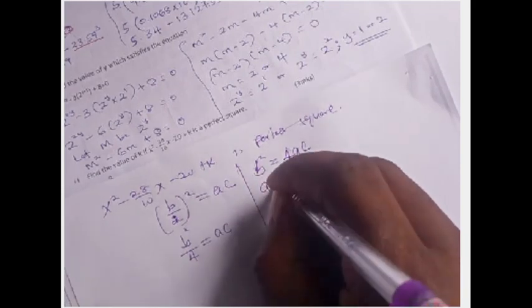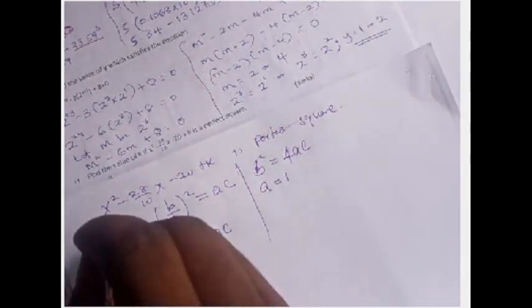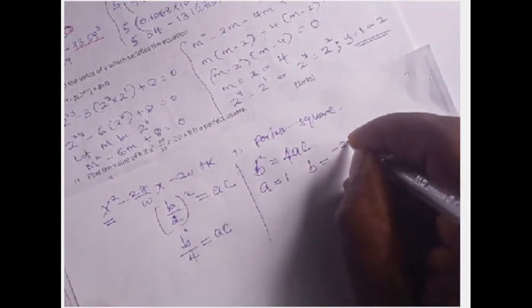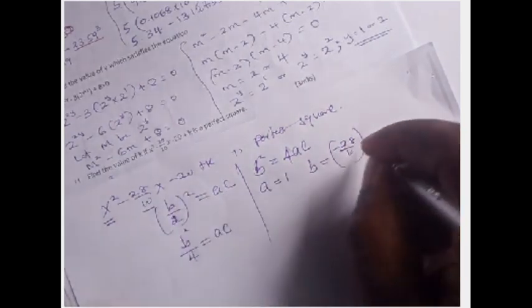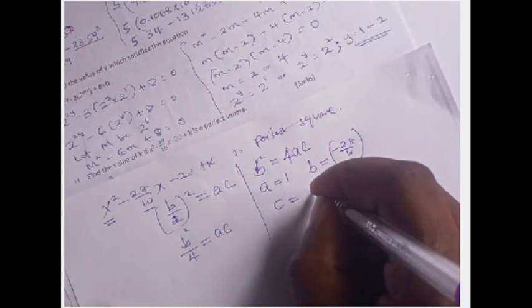So from the expression, we can identify what a stands for. A is equals to 1, coefficient of x squared. B is equals to negative 28 over 10, coefficient of x. And the C is equals to negative 20 plus k, the constant.